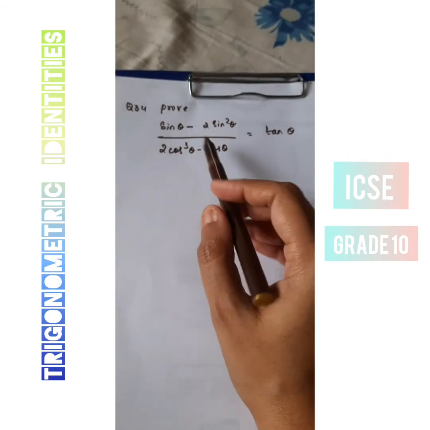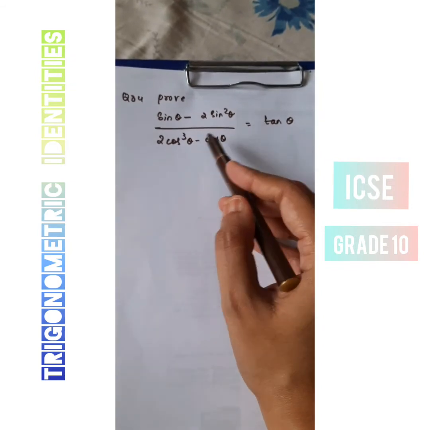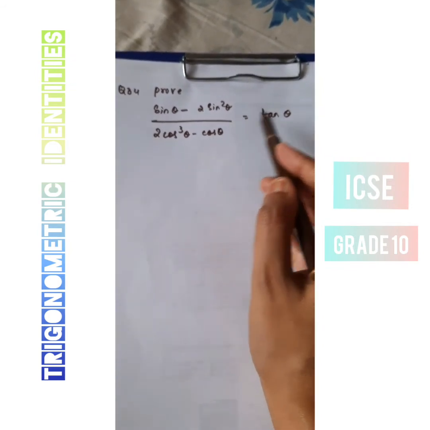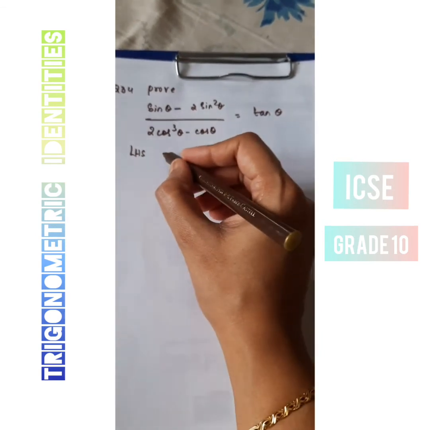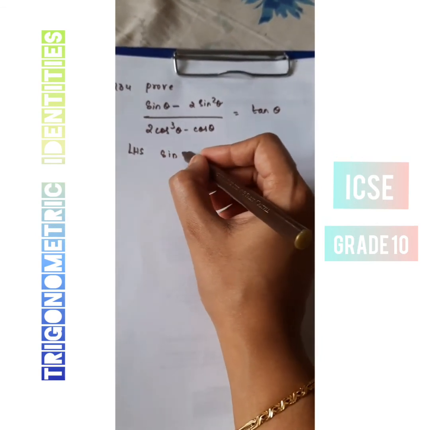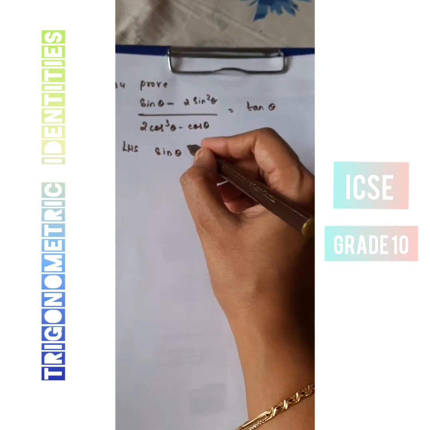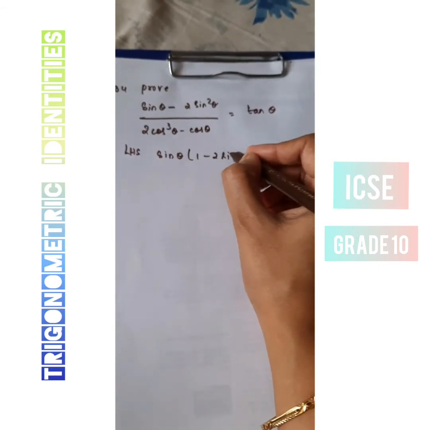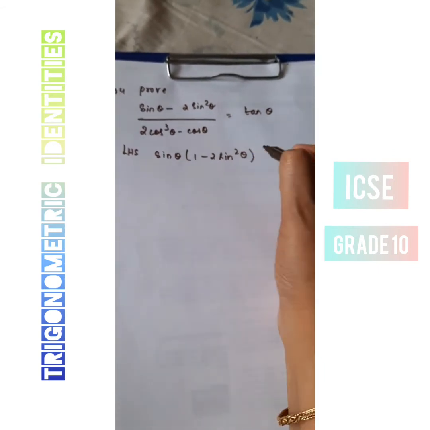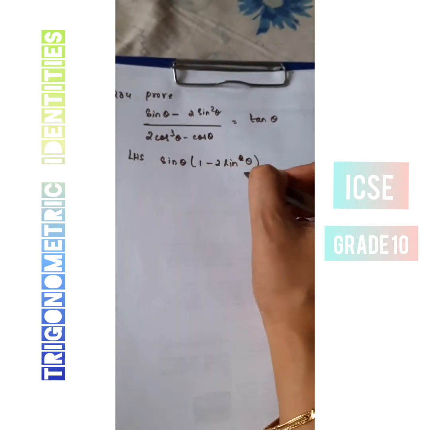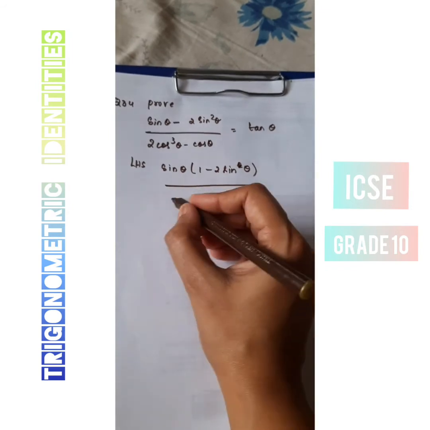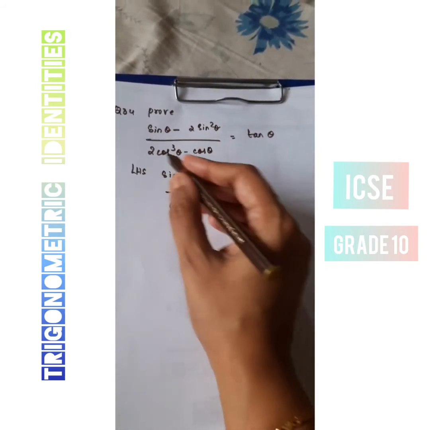Next question 34, sine theta minus 2 sine cube theta, that is in the question. Please correct the question, numerator part. So that's sine theta, you can take in common. So since it's a cube, 1 is outside, and for the remaining 2 we need to add cos square by cos theta, we can take it out.